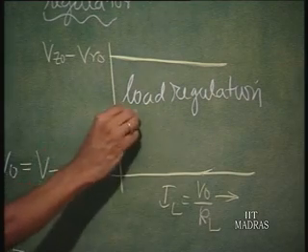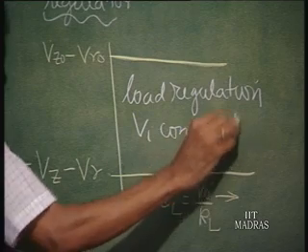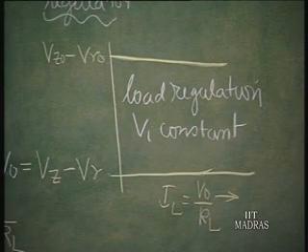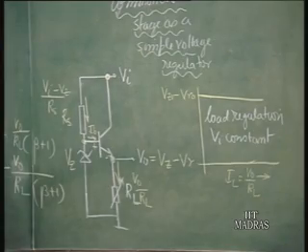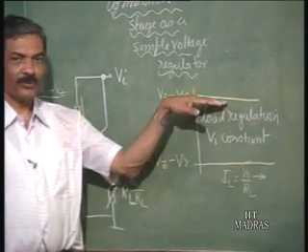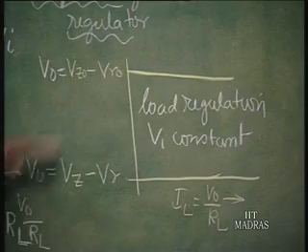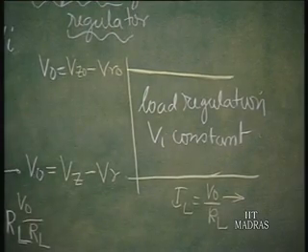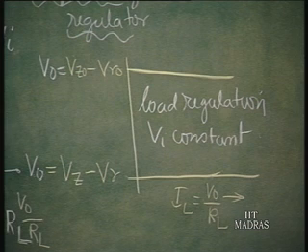During this time, V_I is maintained constant. You only change the load resistance here, and plot the output voltage, which is V_z0, V_z minus V_gamma. That is going to vary slightly.